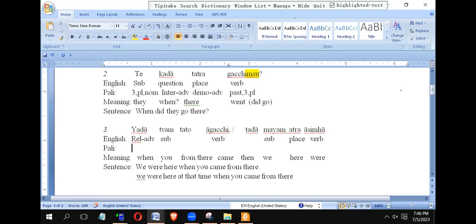Okay. So I can ask the student already. Chiun, okay. How do you say this yada in Pāḷi? Yada is when. What kind of grammar?